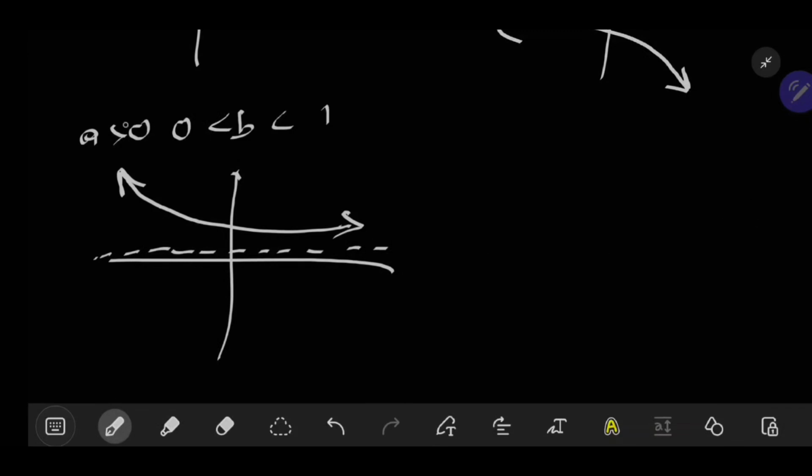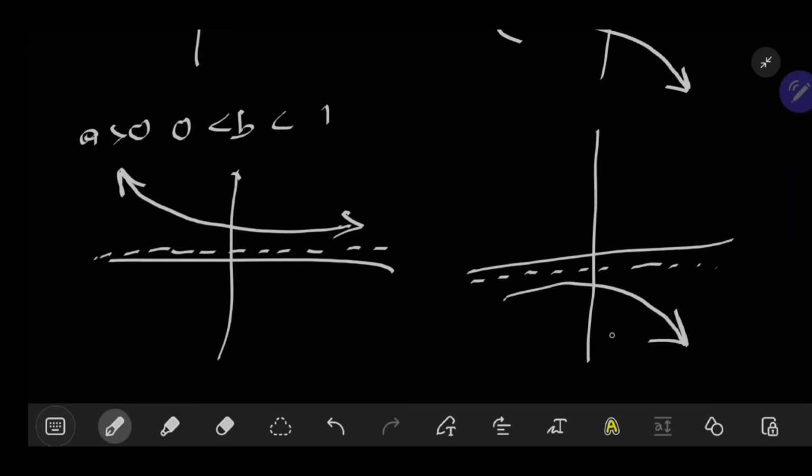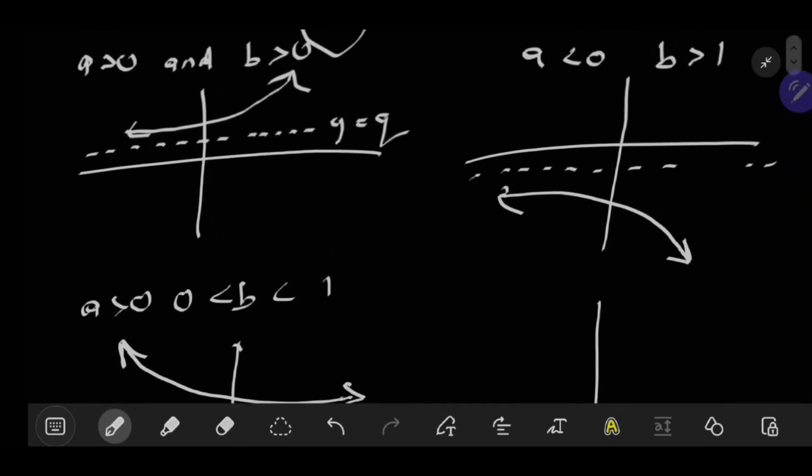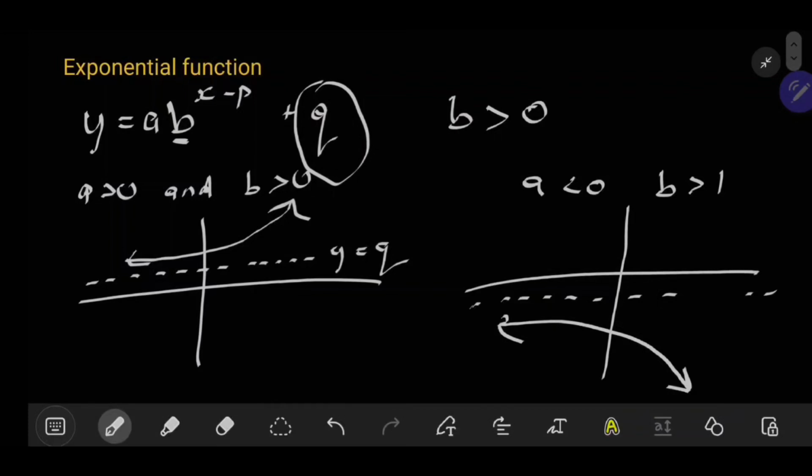Then if our a value is less than 0 and the restriction on b is still the same, we reflect this graph, and then we're going to have a shape like this. So these are the effects of a, b, and q.